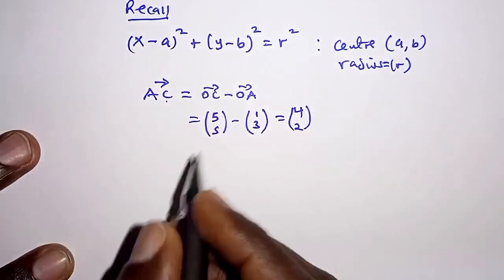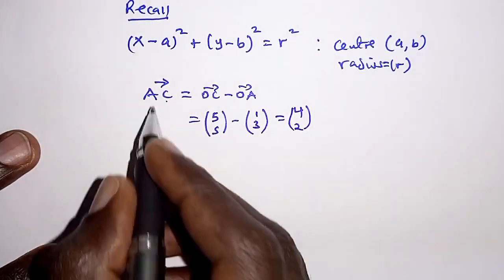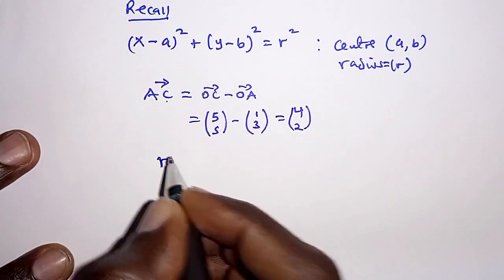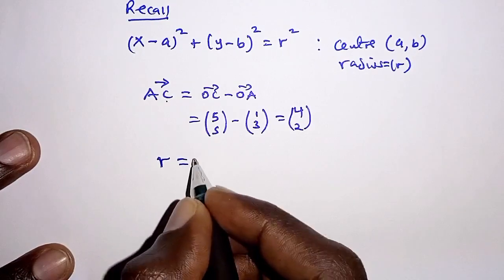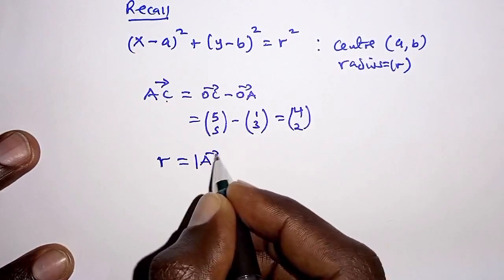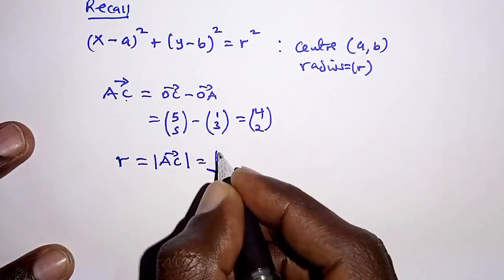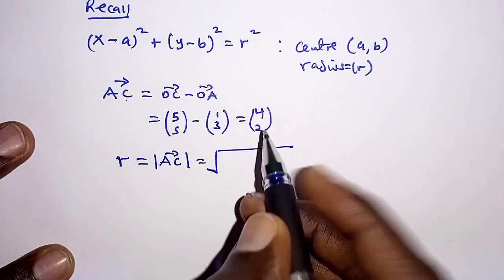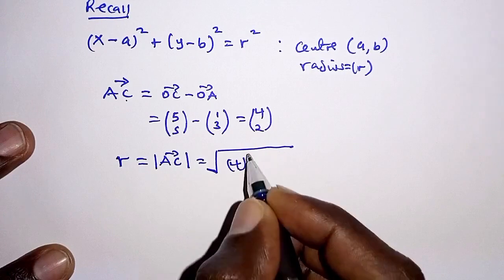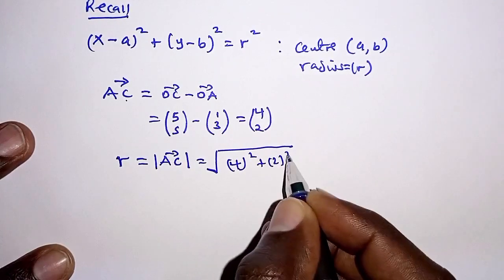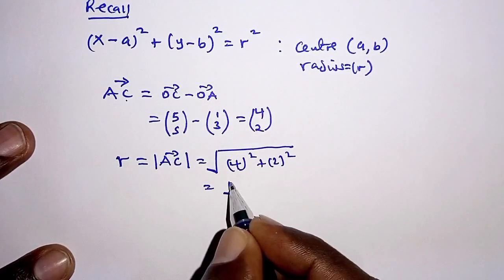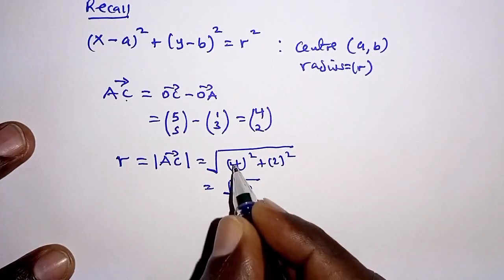Now, the modulus of AC will be the radius. The radius is just the length of AC, which is obtained as the square root of the sum of the squares of these elements. So we have 4 squared plus 2 squared. This is root 20, that is 16 plus 4.